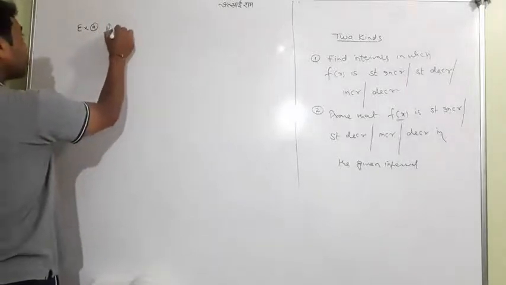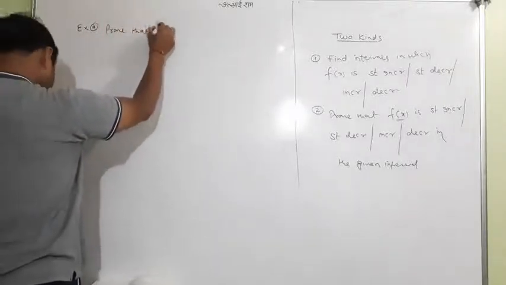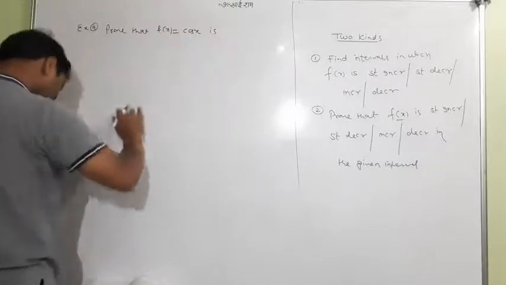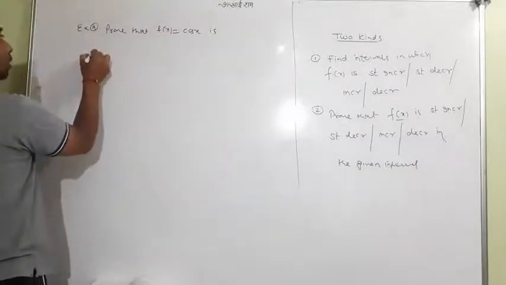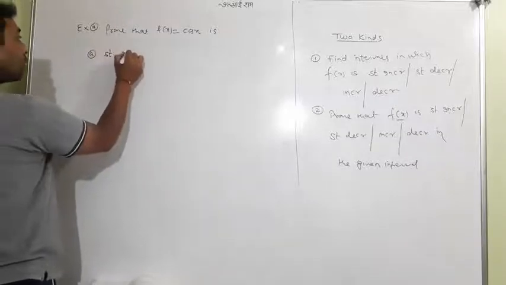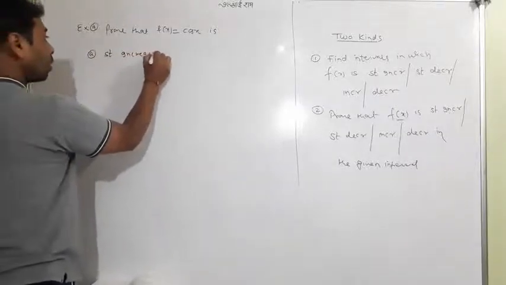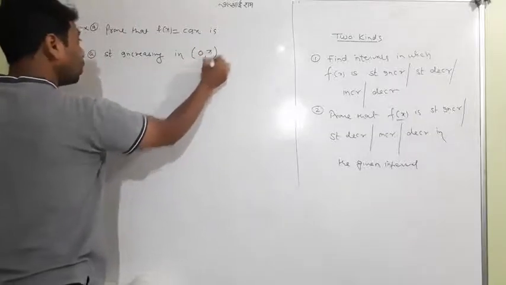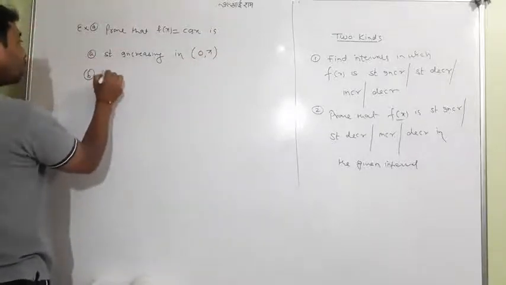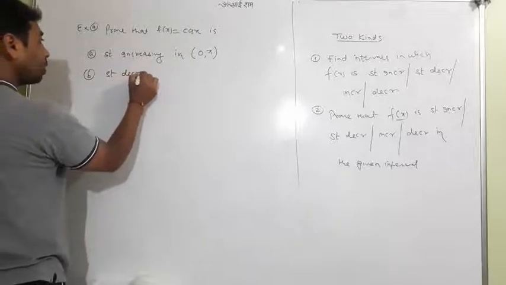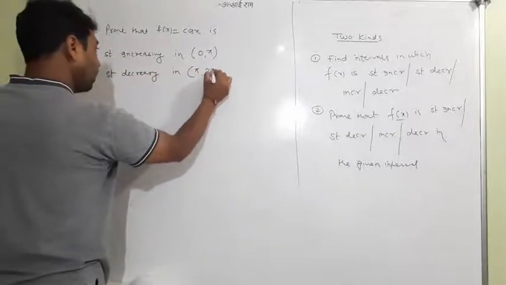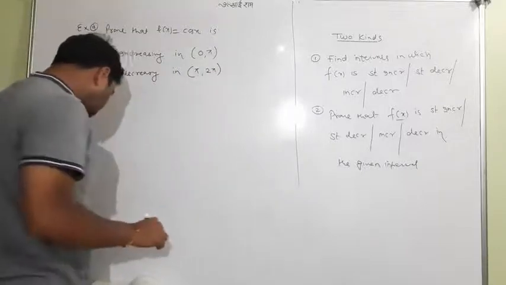Prove that the function cos x is strictly increasing in 0 to pi, strictly decreasing in pi to 2 pi, and a third part is also given.